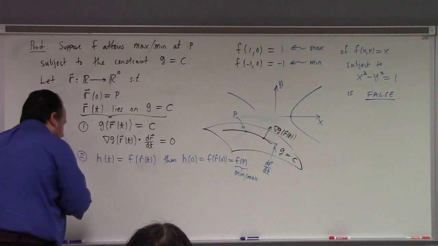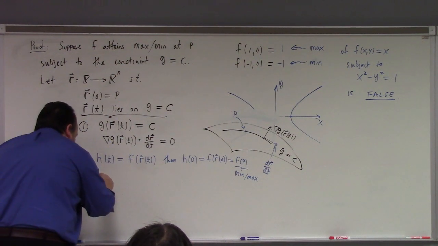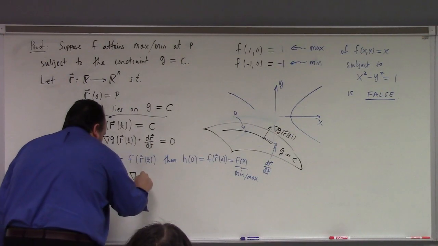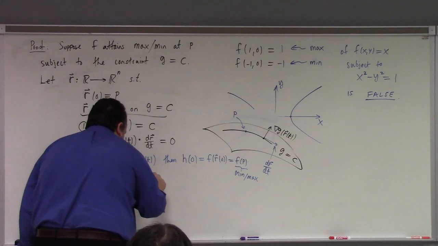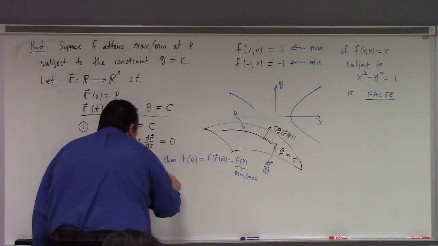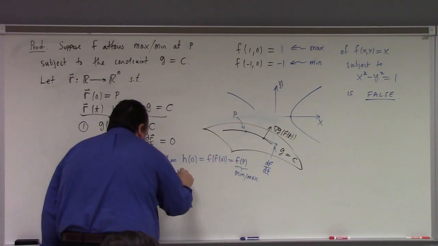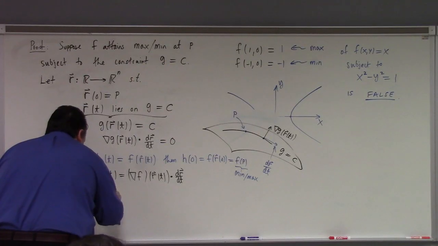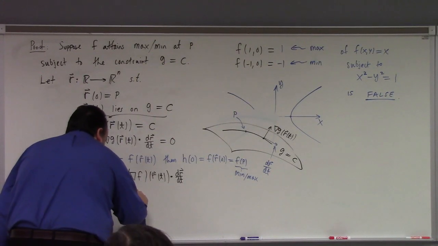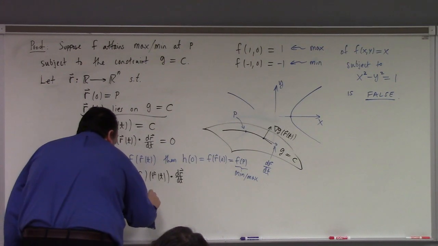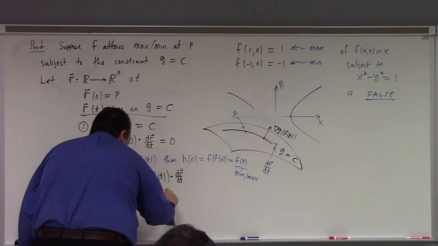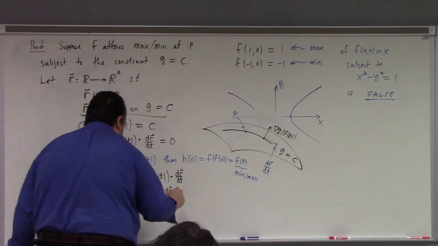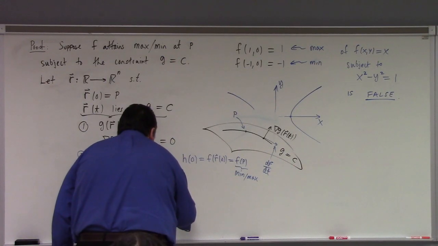So that means h prime of t is the gradient of f at r of t dotted with dr/dt. We know that h prime of 0 is the gradient of f at the point P dotted with dr/dt, and that's equal to 0.